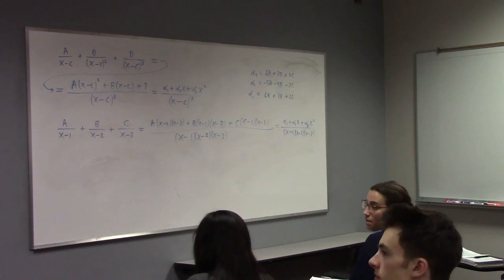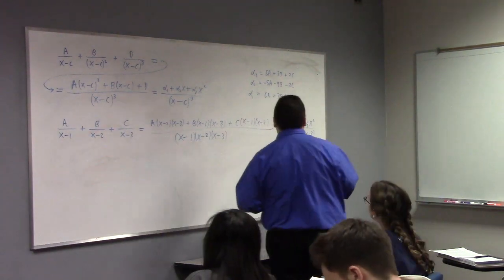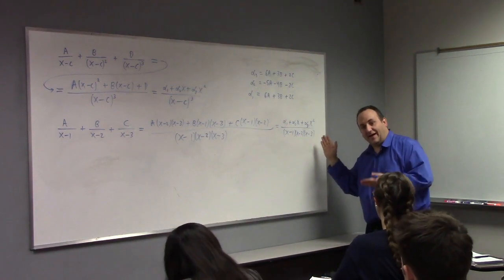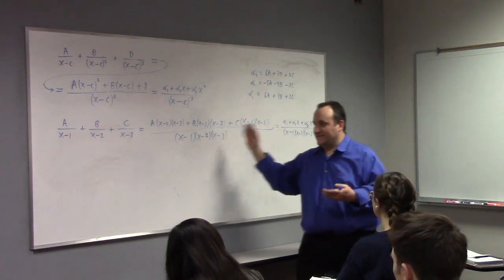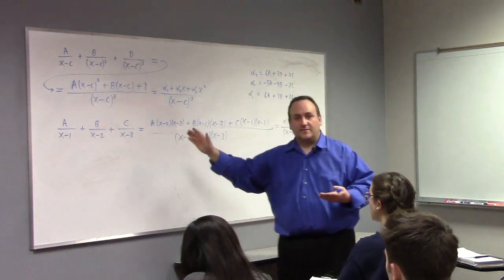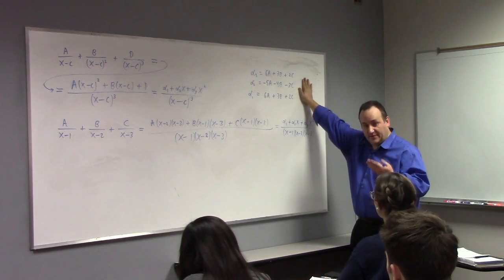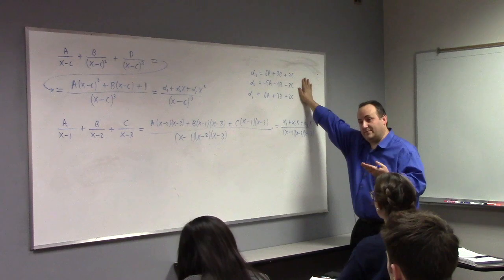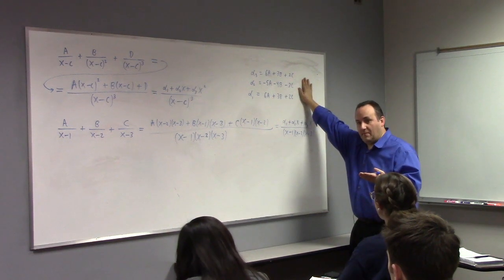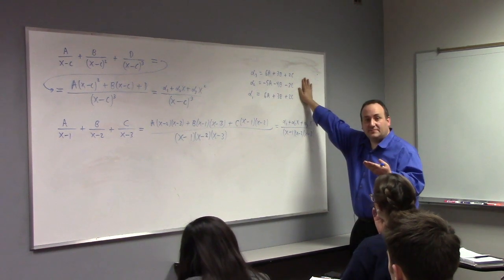So how do I know for sure that for any choice of alpha 1, alpha 2, alpha 3, I can find a, b, and c to make this so? It's equivalent to the question of, does this system of 3 equations, 3 unknowns, have a unique solution for arbitrary alpha 1, alpha 2, alpha 3?